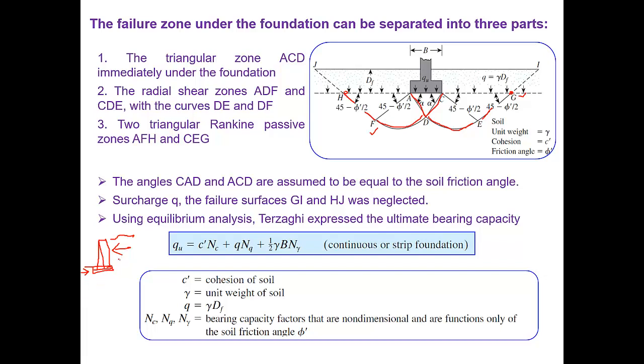Do you understand the Rankine passive pressure? Suppose this is the retaining wall and you have the soil on this side. Whatever force is acting here to tilt it down, we consider the active force.